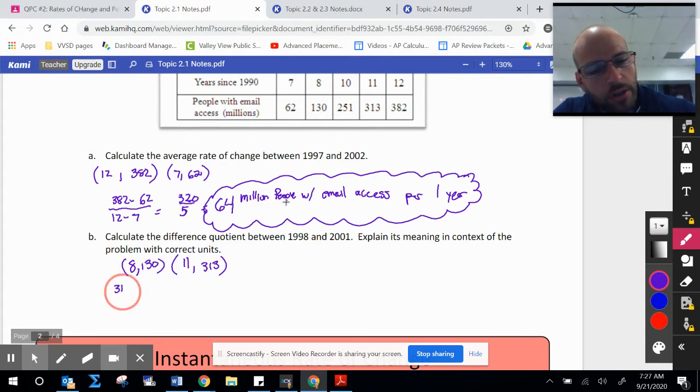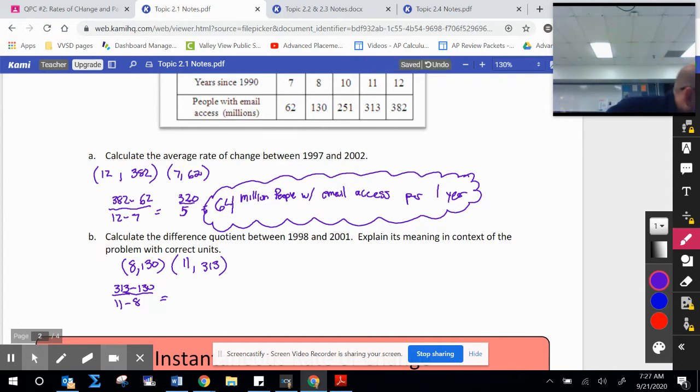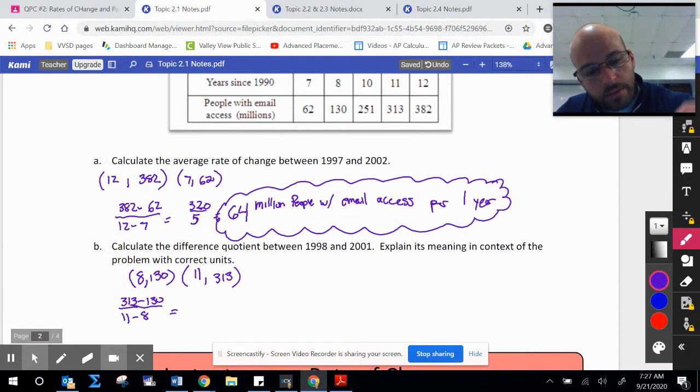So if I do 313 minus 130 all over 11 minus 8. So if I grab my calculator here, give me 1 second. I'm going to take 313 minus 130, which gives me 183, and 11 minus 8 is 3.